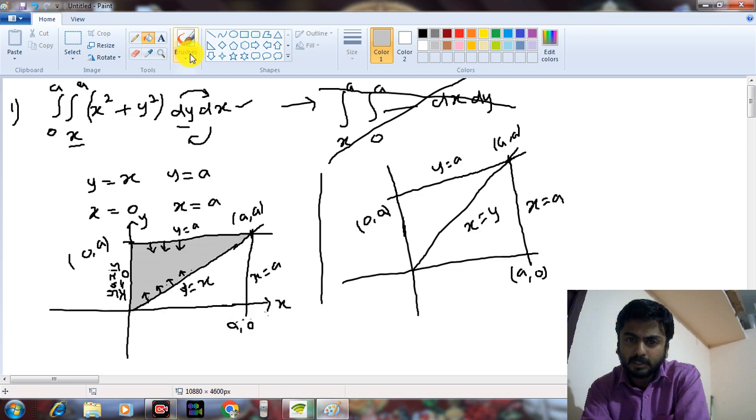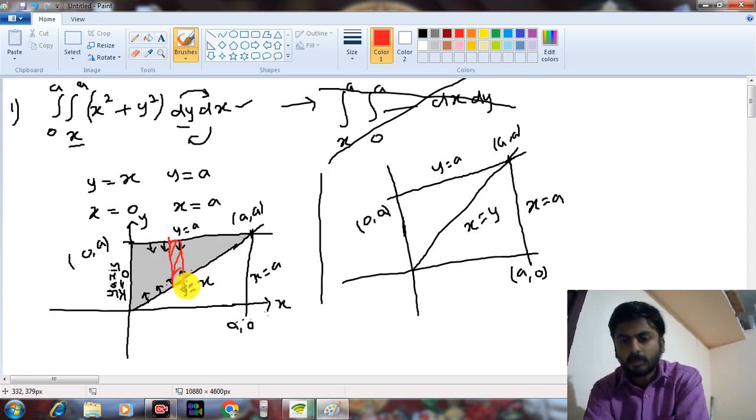So for this we have to draw the internal strips. Now we are drawing the internal strips, that is y varying from x to a.